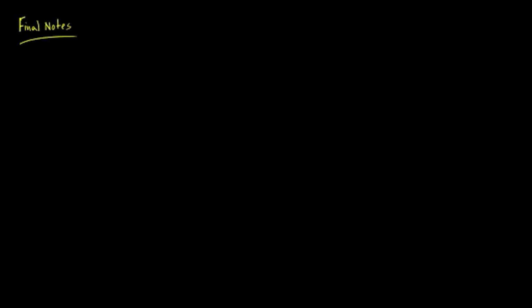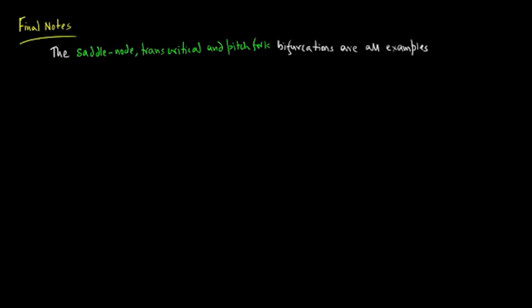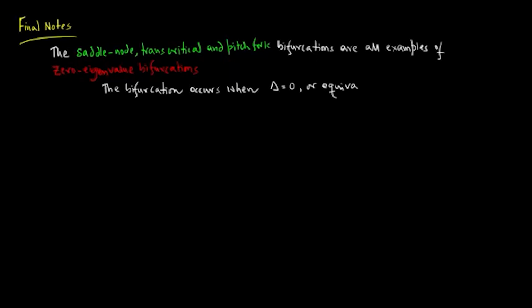We end with some final notes. The saddle node, the transcritical and the pitchfork bifurcations are all examples of 0 eigenvalue bifurcations. The bifurcation occurs when delta is equal to 0, or equivalently when one of the eigenvalues equals 0.